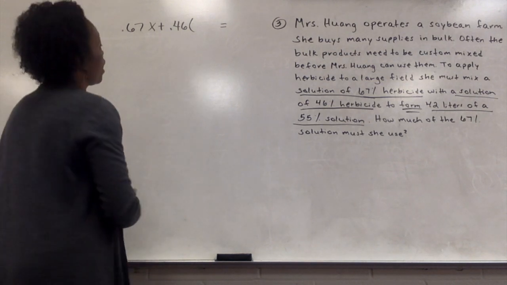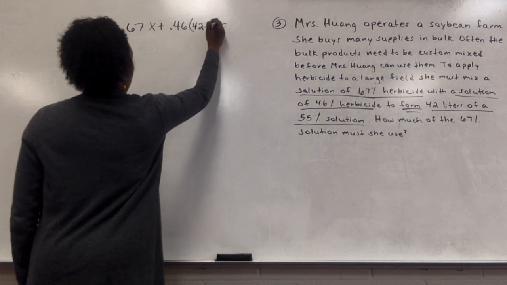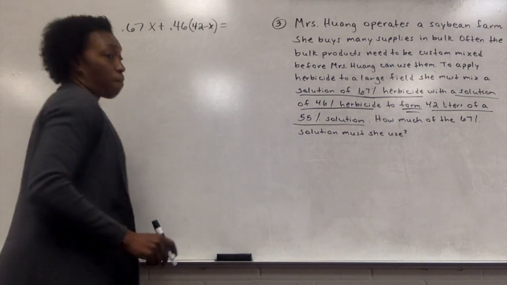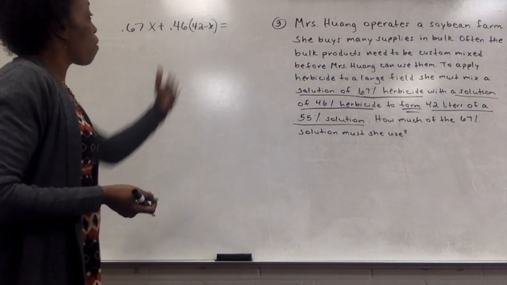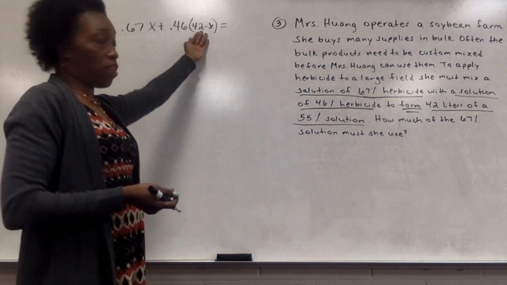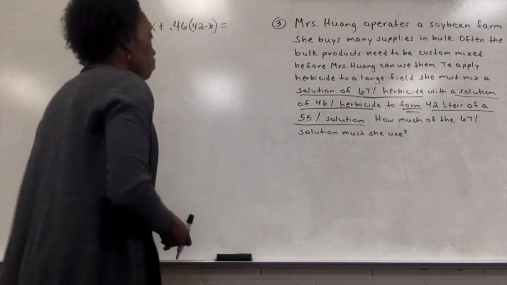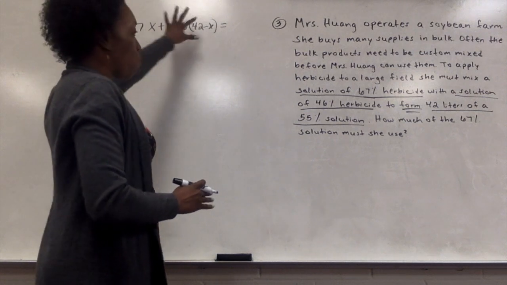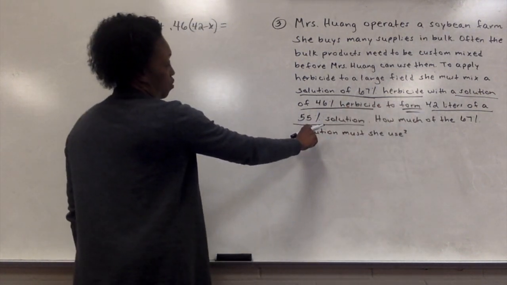So I'm going to take my 42 liters and subtract my x liters, and that would give me my remaining to go with this percentage, which is my 46. My total mixture here, of course, will be 42 liters of 55% solution.